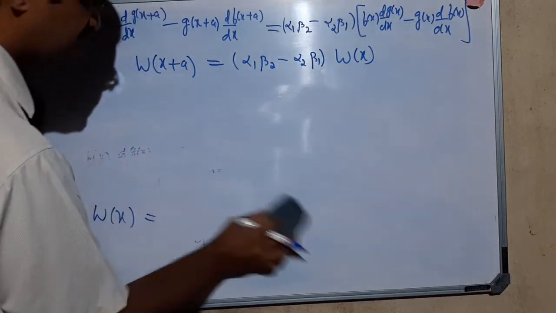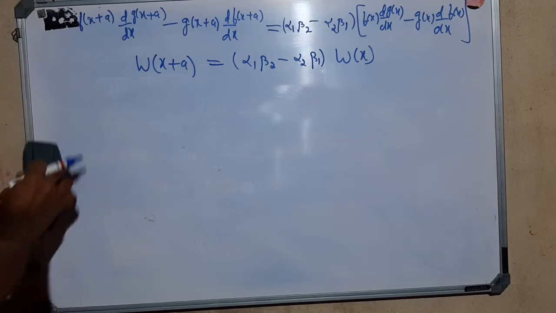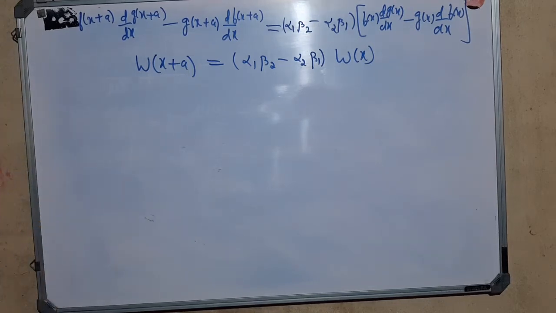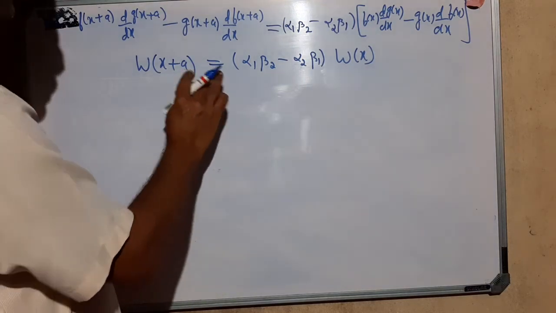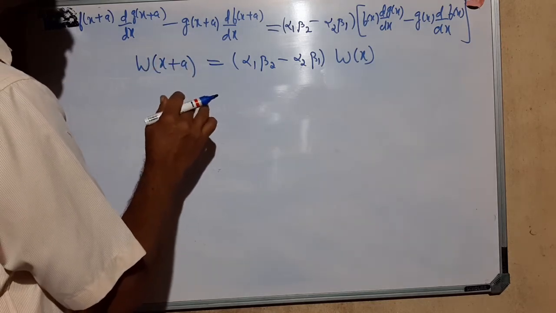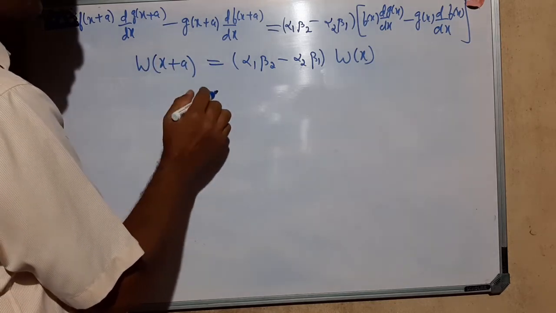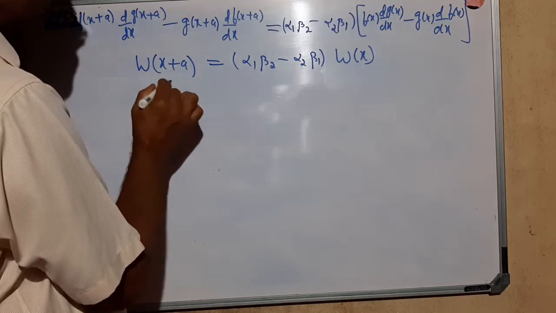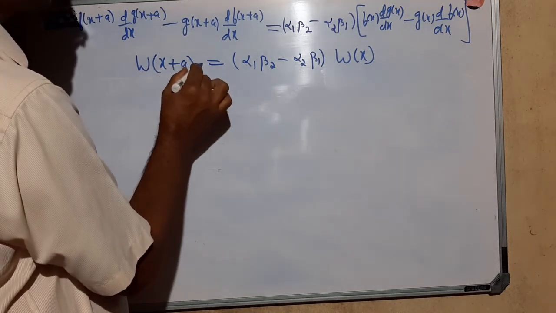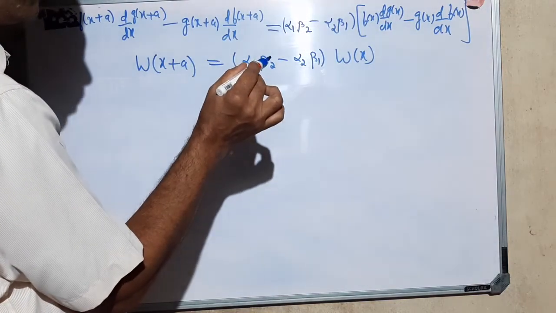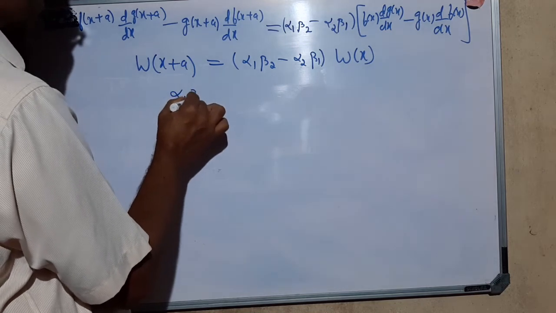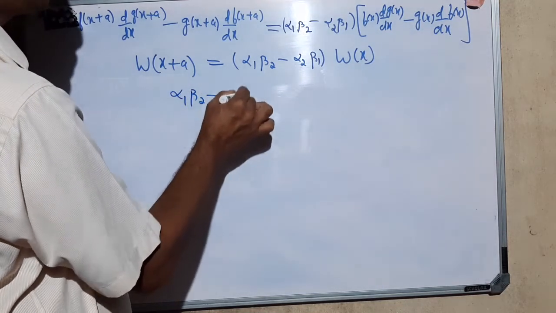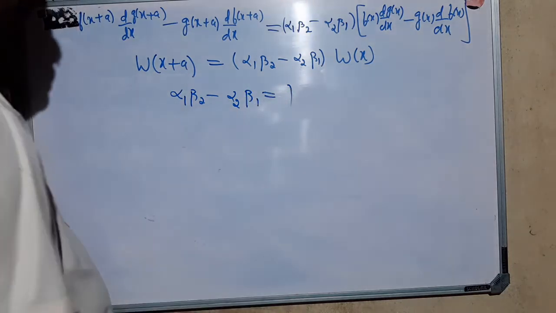Since we have considered the periodic potential well, therefore to get the periodicity concept, the solutions are periodic only if w of x plus a is equal to w of x. It is possible only when alpha 1 beta 2 minus alpha 2 beta 1 is equal to 1.